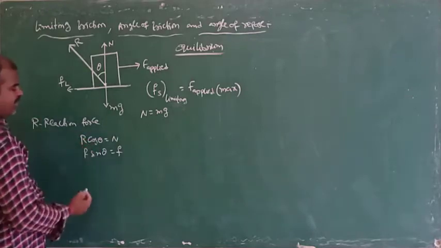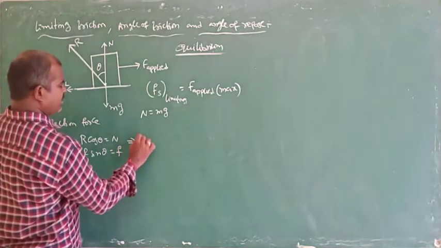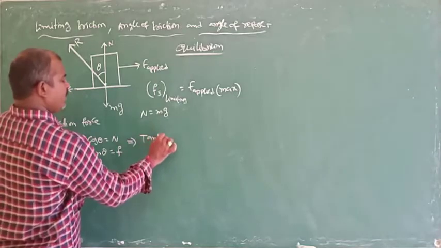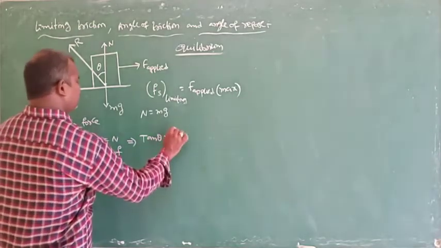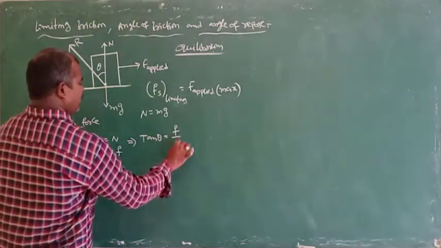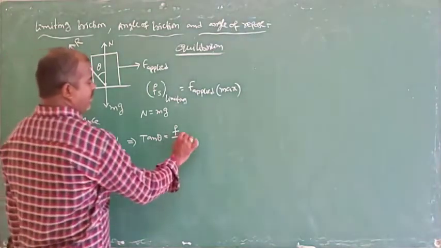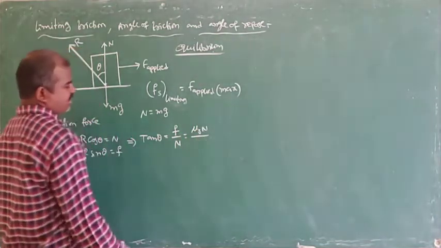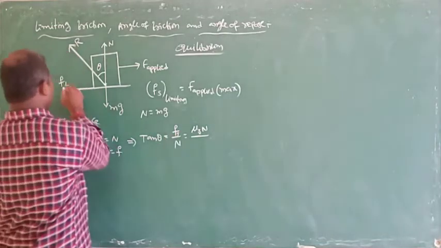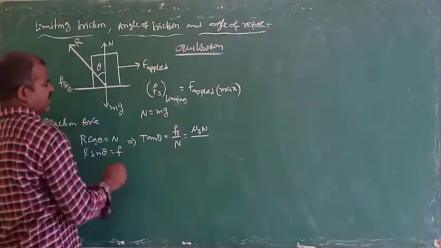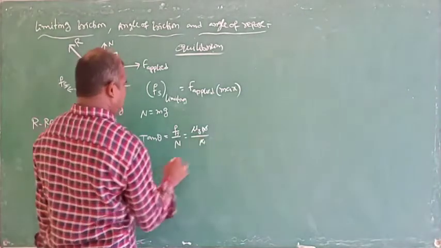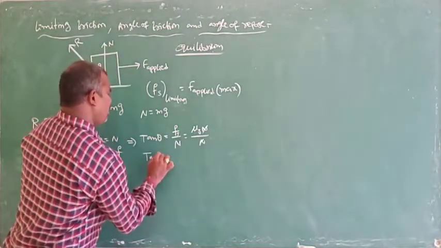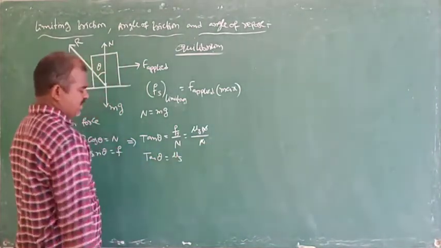So from these two, tan theta is equal to F by N. Then what is F? Static frictional force, Fs by N. N and N get cancelled. Then tan theta is equal to mu s.